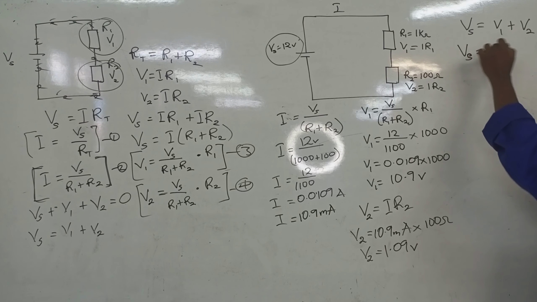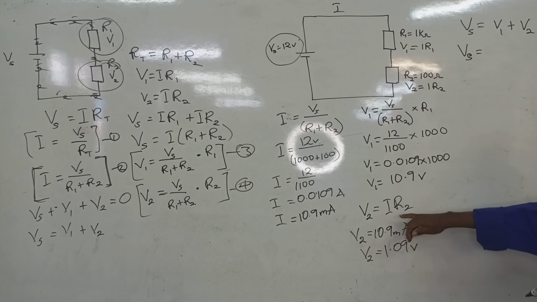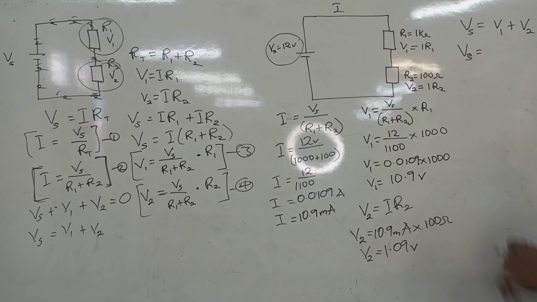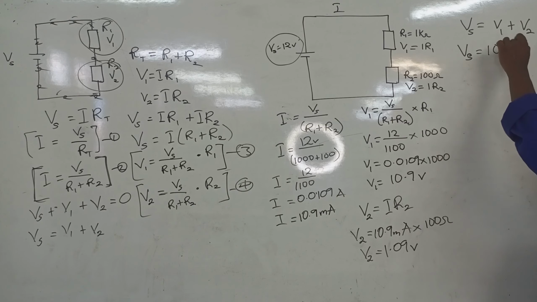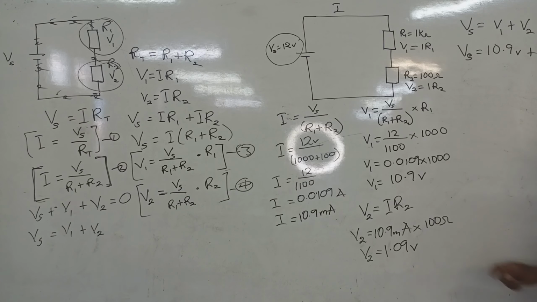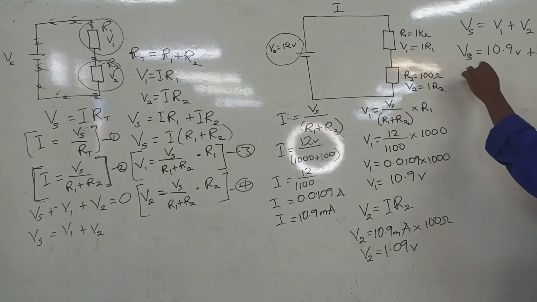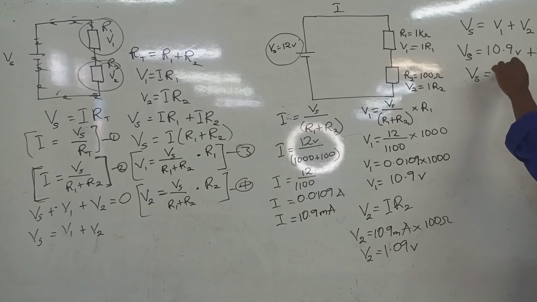Vs is equal to, let's substitute, V1, 10.9 volts, plus V2, which is 1.09 volts. By addition, we can see that Vs equal to 12 volts.